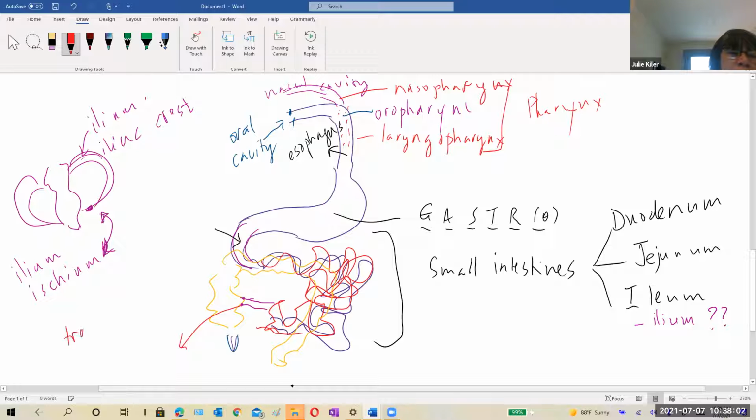The transition between ileum and ascending colon. Cecum, very good. You want to connect both names now? Yes, this is the cecum area.